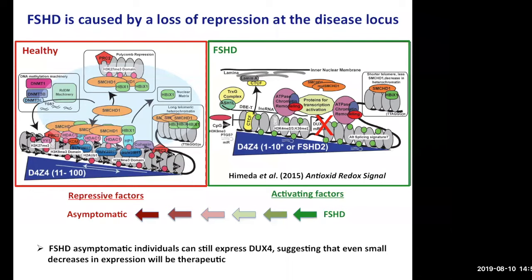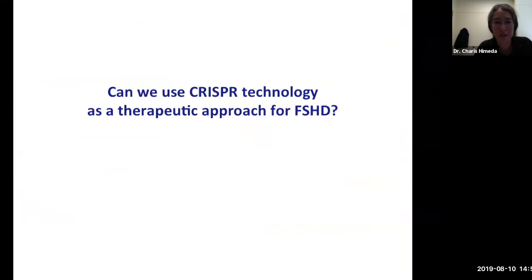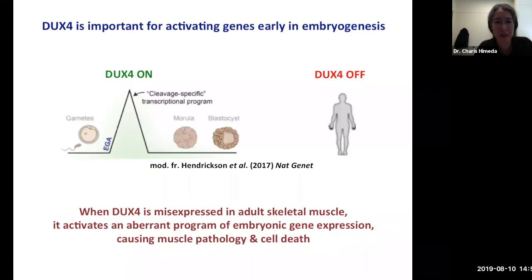There's a question about DUX4's role again in embryogenesis. It turns on in the second day in human embryos. When does it get turned off? I think shortly thereafter. I'm not 100% sure, but I'm pretty sure it's on only at the cleavage stage, and then as soon as the cells are divided, it's off, and it stays off except in the germline, in certain cells of the testes.